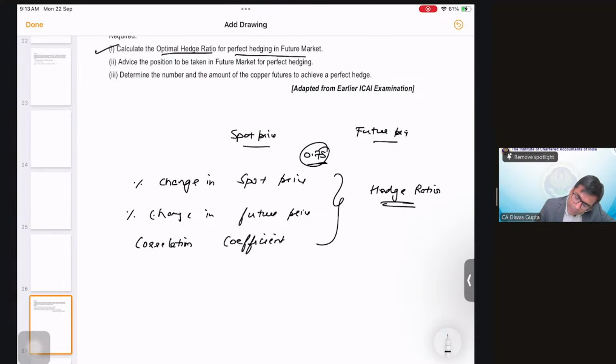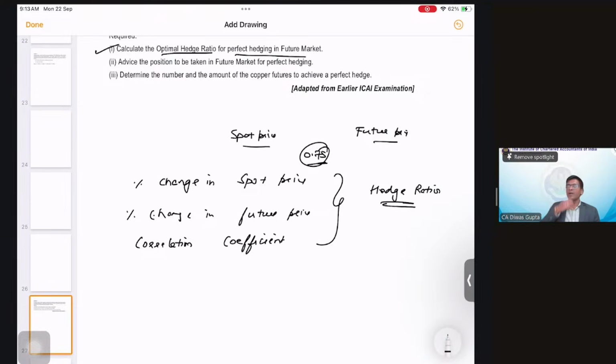So students, till now, in all our discussion, we have been making an inherent assumption that one share in the spot is used to hedge one futures in the future market. So the ratio is always 1:1. But in reality, it is not. It can be 0.75, it can be 0.8.